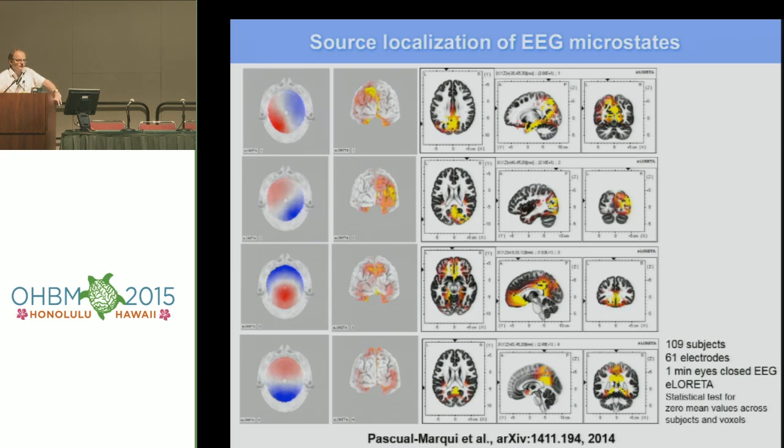Where do these microstates come from? What are the generators? What are the networks in the brain that generated these microstates on the surface?